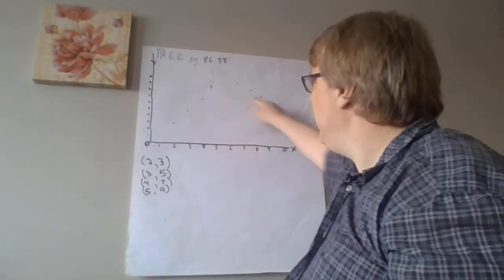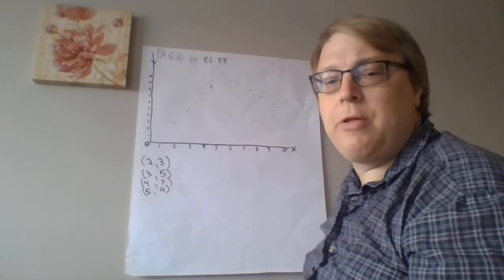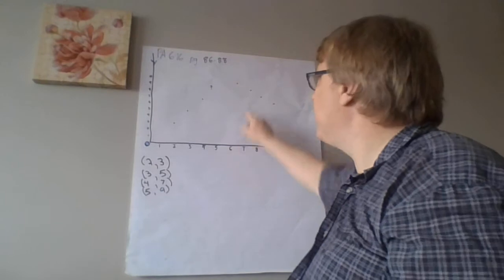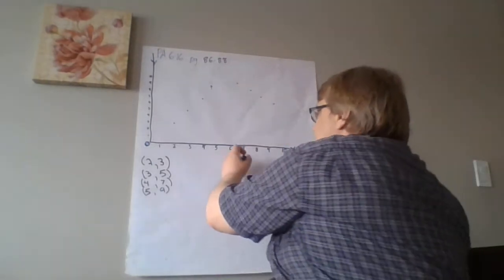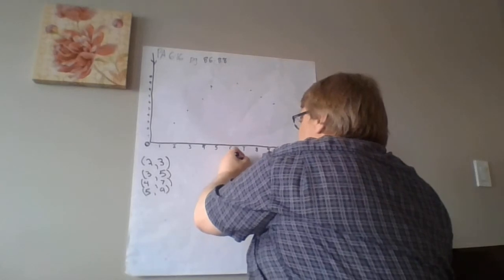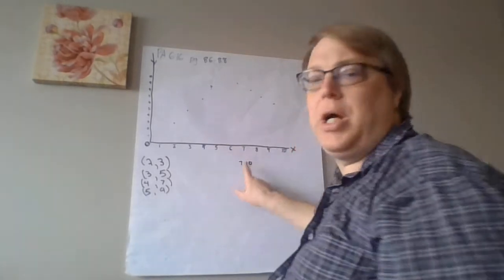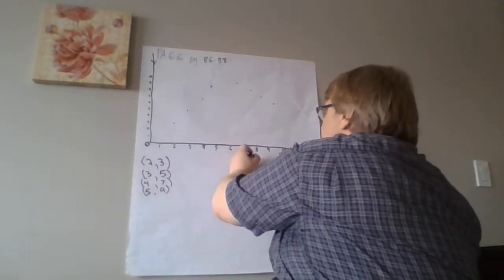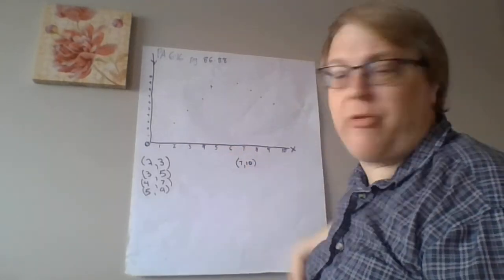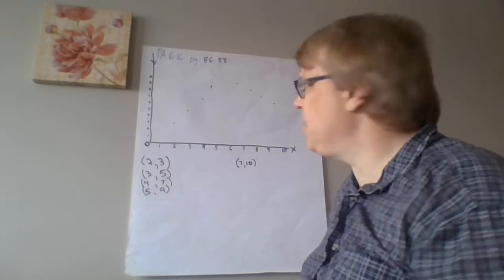Okay. Now we're going to do the opposite. We're going to take these dots and find the numbers. So this one is (7, 10). And just to make sure that we can see it a little bit better, a little bit less confusing, we put the brackets around it just to help us out.